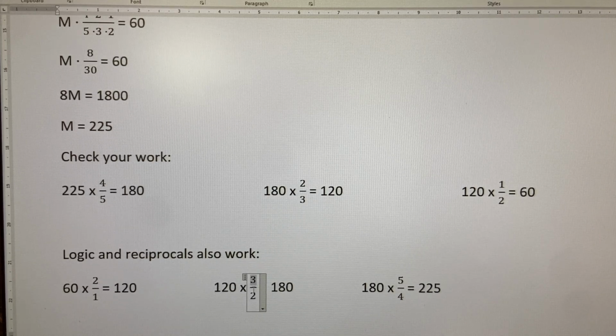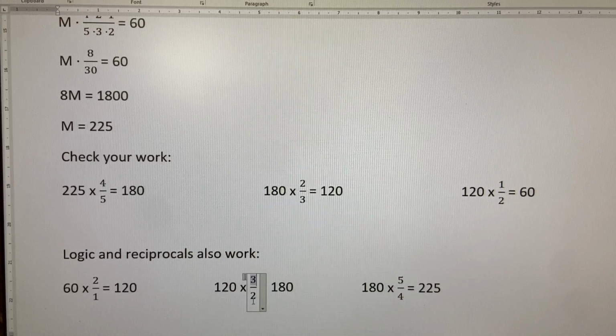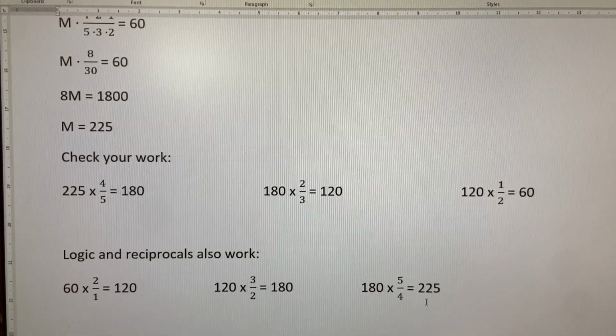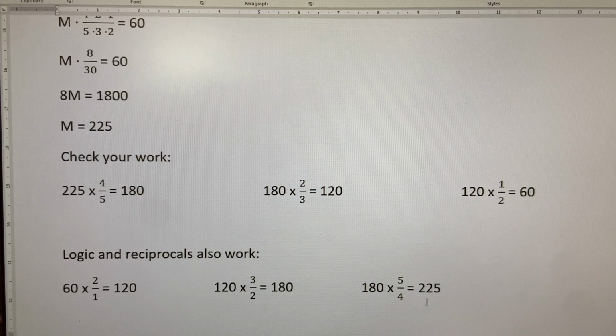This 120 then is increased by the reciprocal of 2/3. 2/3 calculated the remaining amount, and the reciprocal of the remaining calculates the amount that you must have had in your hand to begin with. And likewise, another reciprocal here helps with calculating the original amount. So this approach, logic, as I call it, also works.